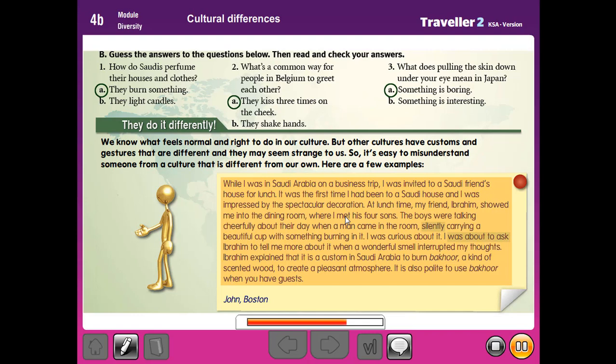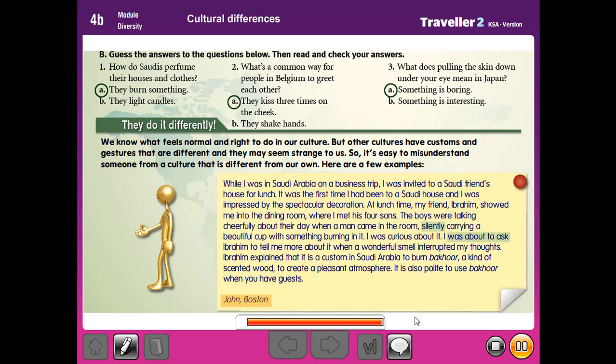I was curious about it. I was about to ask Ibrahim to tell me more about it when a wonderful smell interrupted my thoughts. Ibrahim explained that it is a custom in Saudi Arabia to burn bakhur, a kind of scented wood, to create a pleasant atmosphere. It is also polite to use bakhur when you have guests.